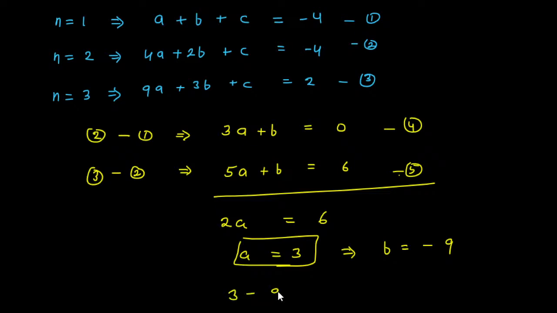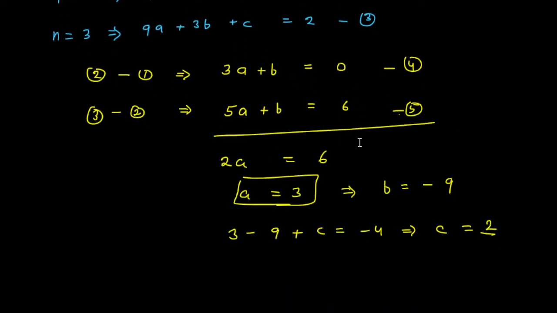So 3 minus 9 plus c is minus 4. Minus 6 goes to the other side and it becomes 2. So our equation will become 3n square minus 9n plus 2.